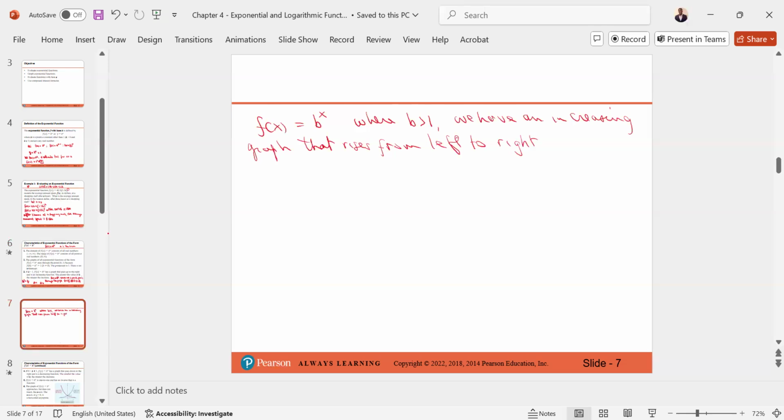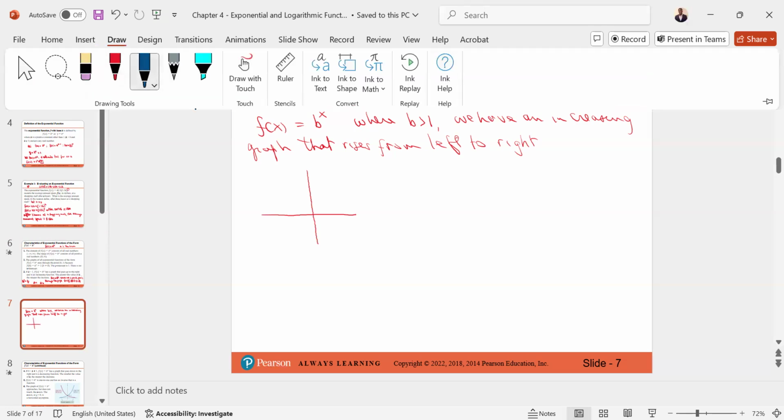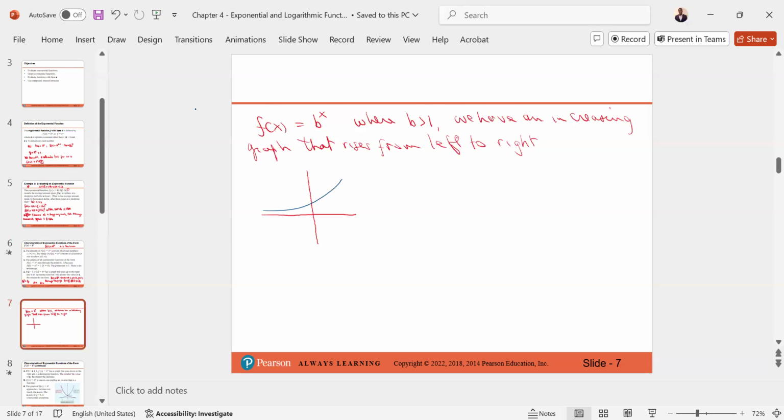Let's take a different color. It's going to rise from left to right like this. So that's a graph of f of x equals b power x, where b is greater than 1.